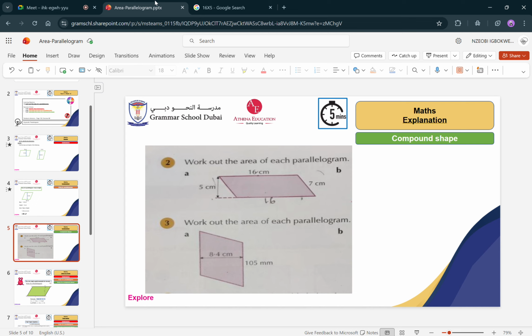Let's say that the length of this parallelogram... Which length? Which length for the base of this parallelogram? The base is what? 8.4 centimeters. Hey, that's not the base.